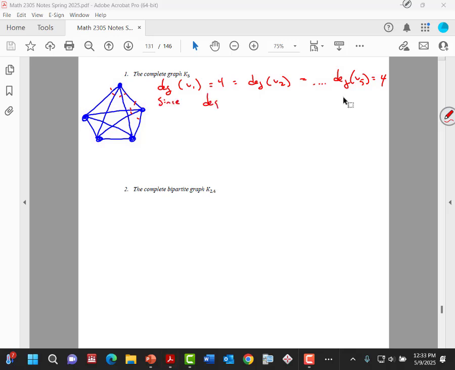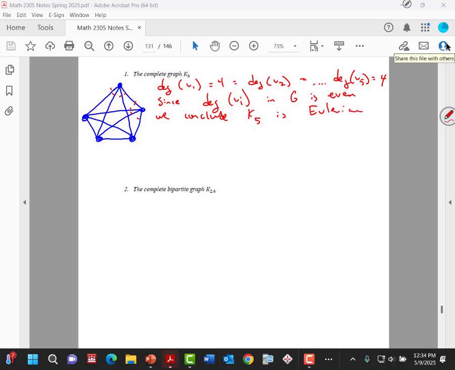since the degree of each V sub i in the graph G is even, we can conclude that the graph G, in this case K5, is Eulerian.